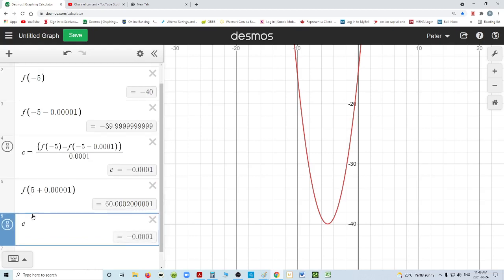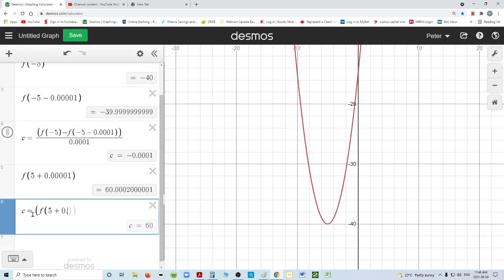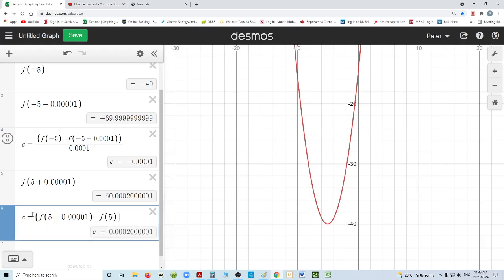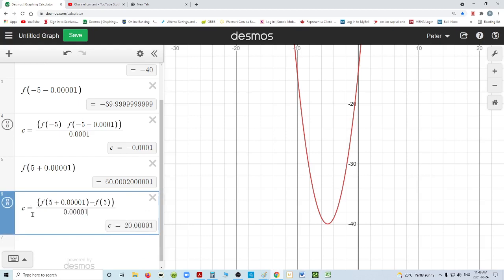Then we're going to find the rate of change between that point and the f of 5 point, and divide it by our h. And we discover, oh, I made an error somewhere.